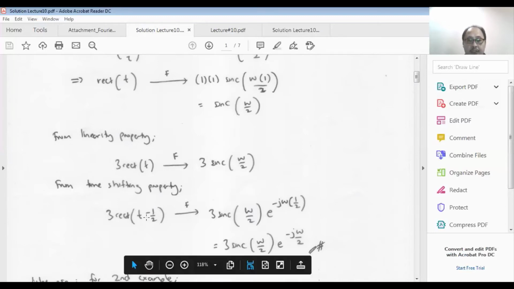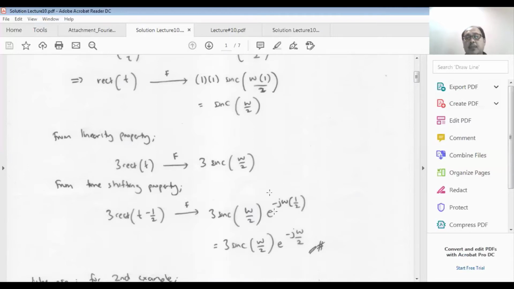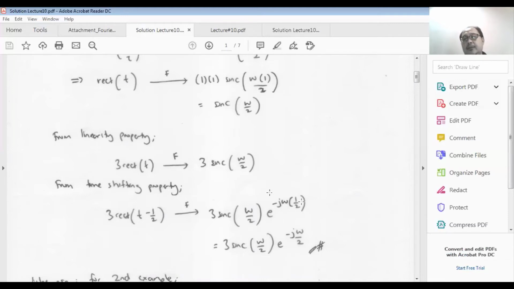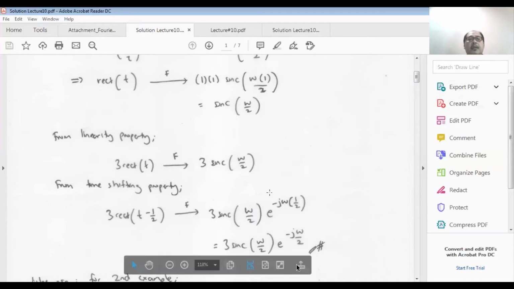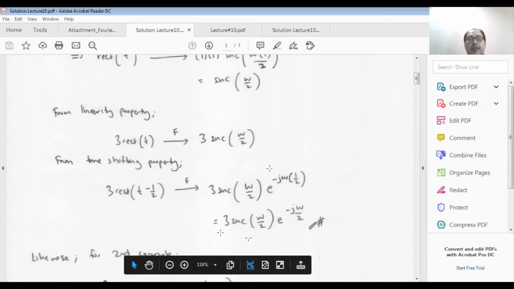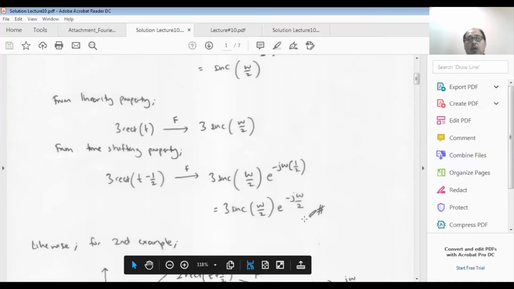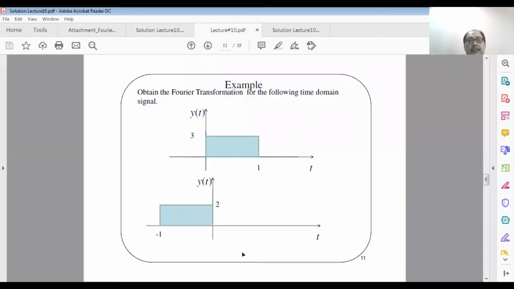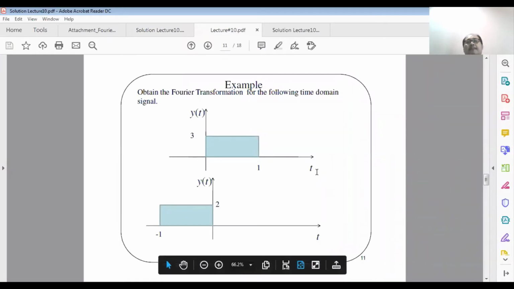Since we have a shifting constant of half, we need to multiply with exponential negative j omega times that shifting constant. So the final value for the Fourier transform is 3 sinc of omega divided by 2 times exponential negative j omega divided by 2. That should be the answer for the first example.